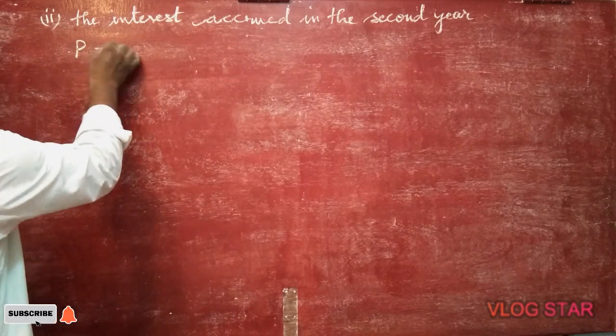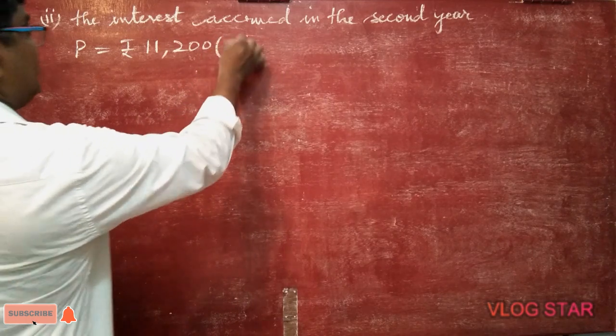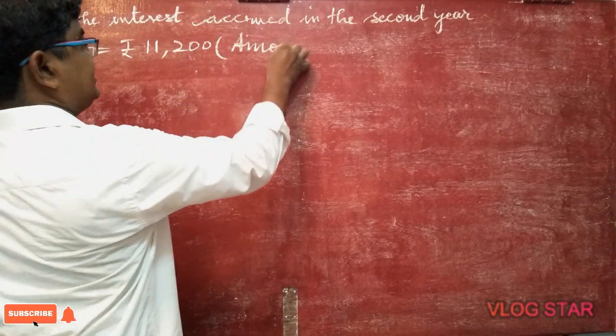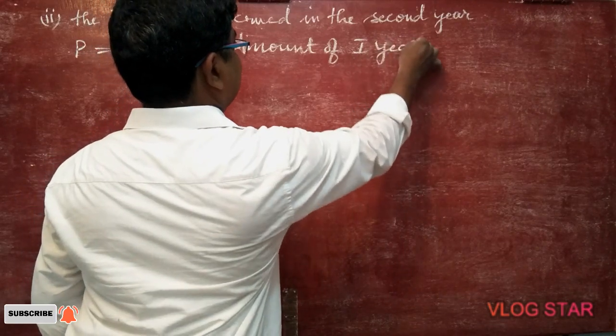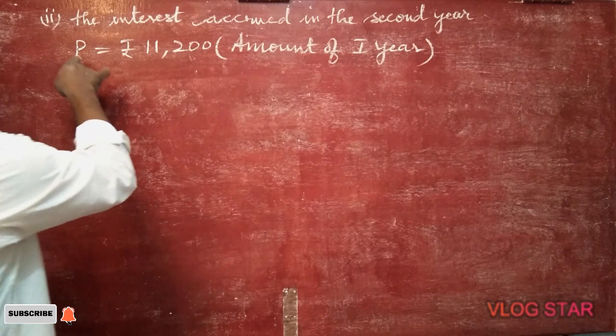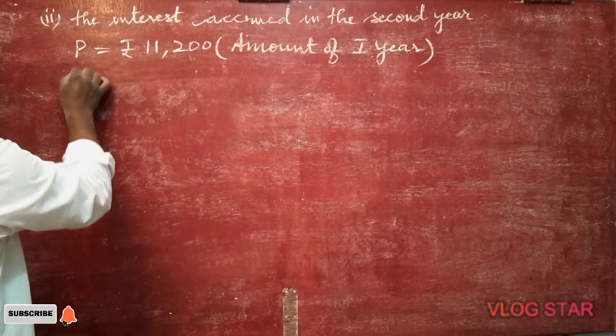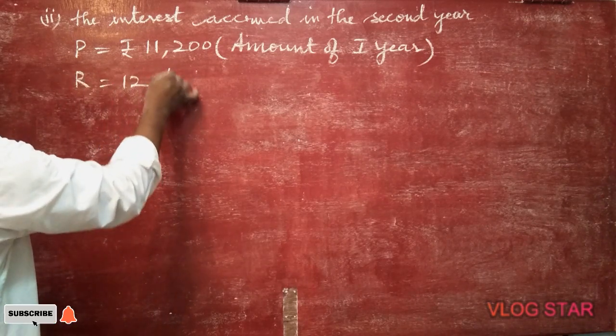So what will be the principal? 11,200. From where did we get it? The amount of the first year will be the principal for the second year. Keep in mind. The amount of the first year is this one. This will become the second principal for the second year. And here R, just now we got 12%.